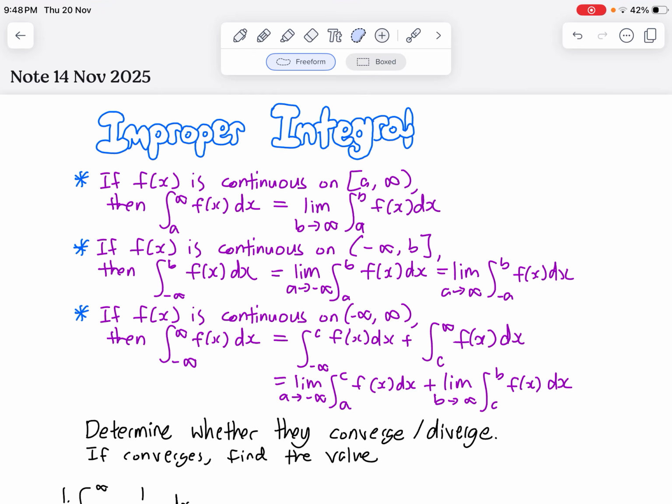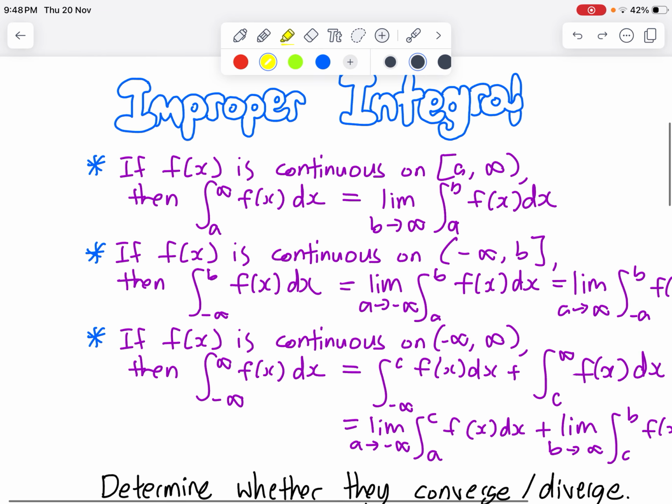An improper integral is when you do have boundaries, but instead of a to b, you have something like a to infinity. So as you can see here, we have the bounds from a to infinity. In these scenarios, what we usually do is take the limit.